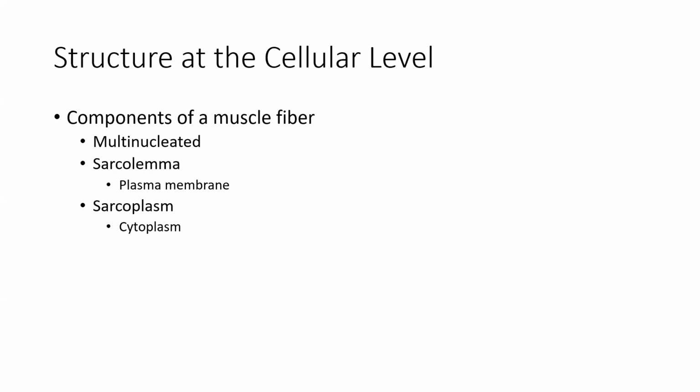Let's talk about some of the other structural components of a muscle fiber. We've got several different nuclei within a single muscle fiber. So they are multinucleated. If you look at the cell membrane or the plasma membrane of a muscle fiber, that is called a sarcolemma. That is separating one muscle fiber from the other.